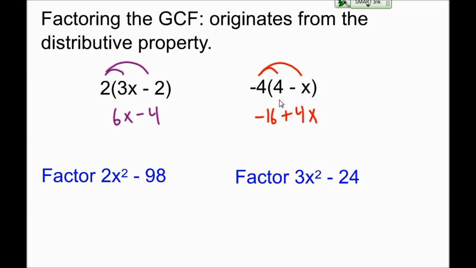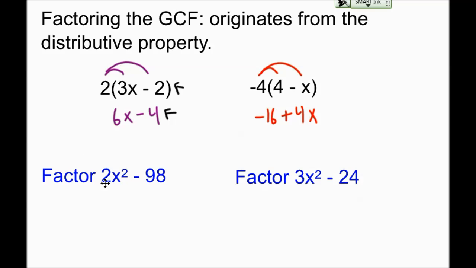This is something that you probably learned in Algebra 1 if you took it somewhere. What we are trying to do is to go from essentially this form of an expression into this form of the expression, trying to figure out what is that number here. And this number, or number and variable, is going to be your greatest common factor.